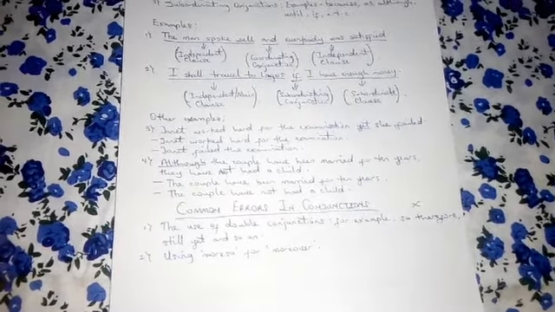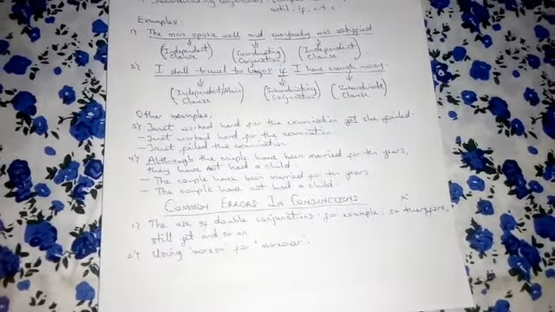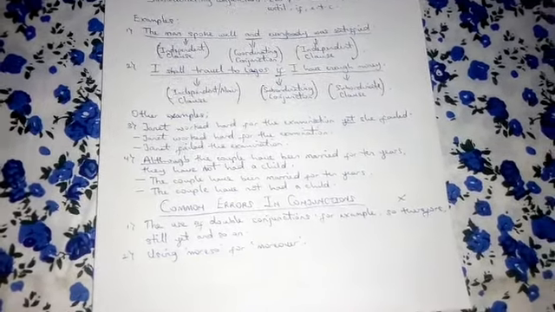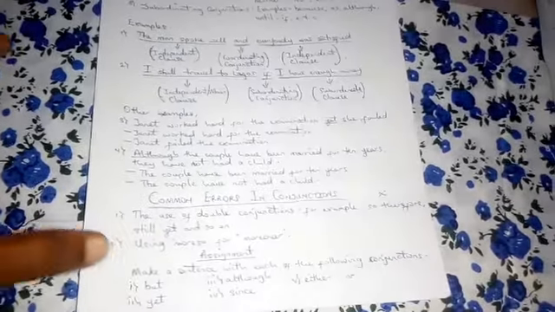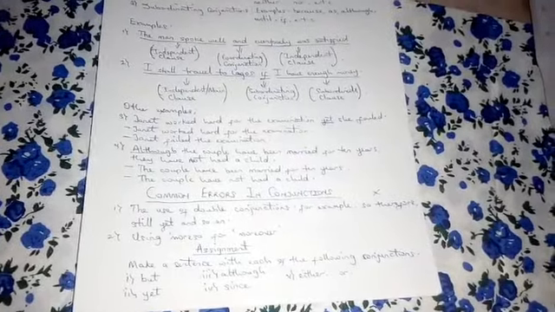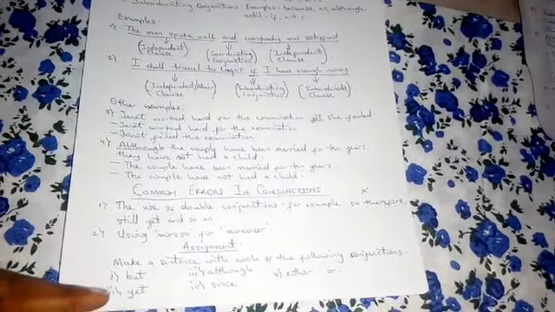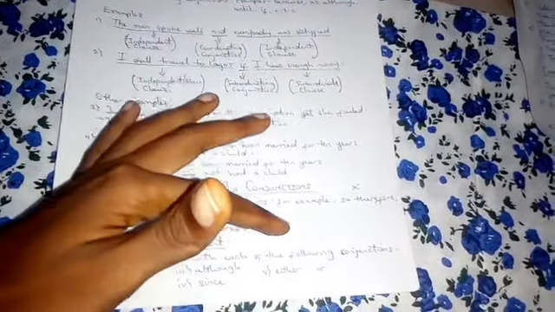So, that will be the end of our class for today. But before we leave, I'd like to give some assignments for self-practice. For the assignments, you make a sentence with each of the following conjunctions. Number 1, but, yet, although, since, and either or.